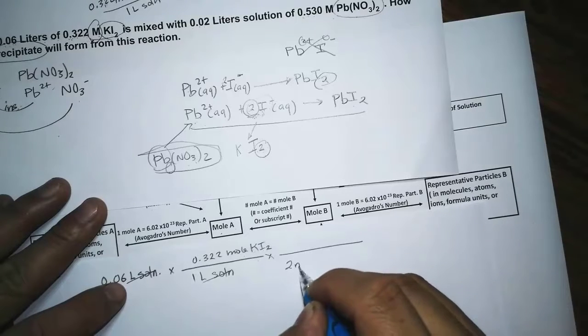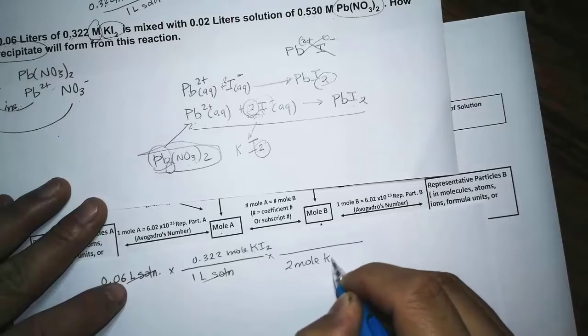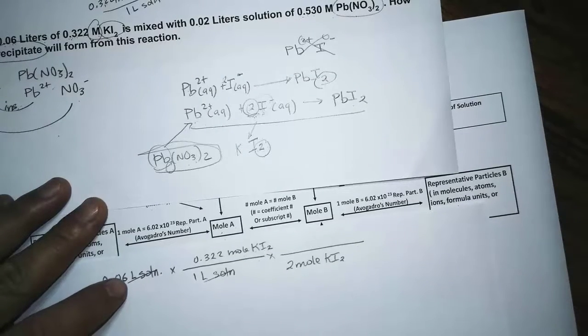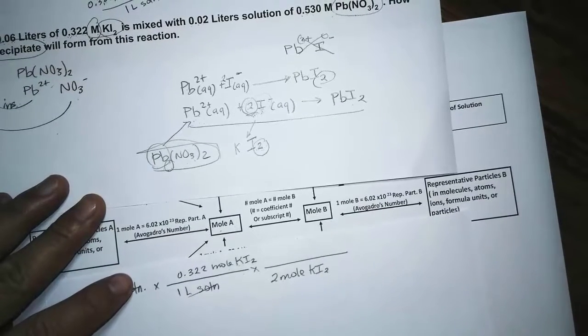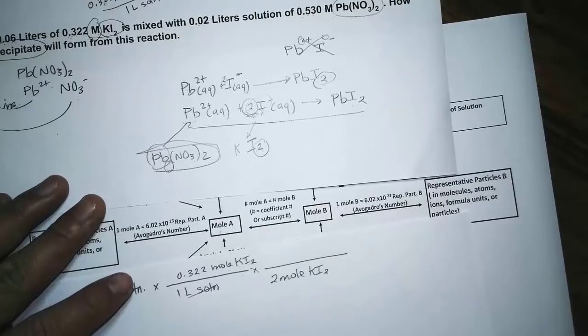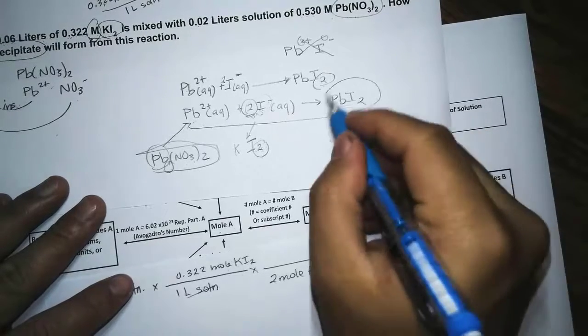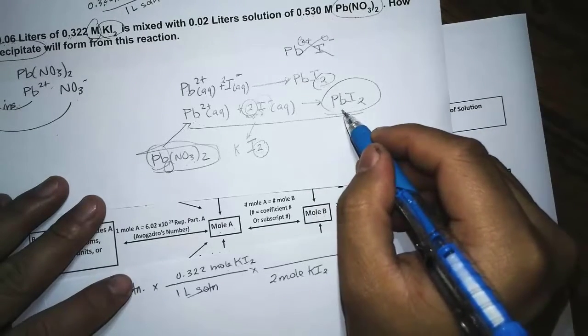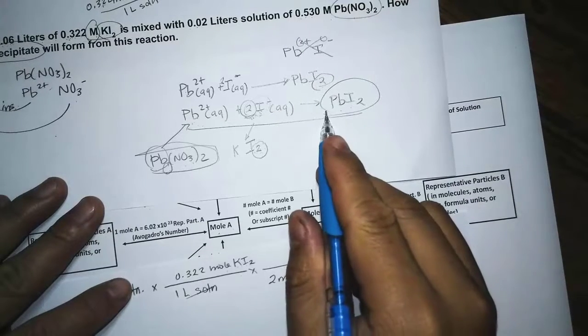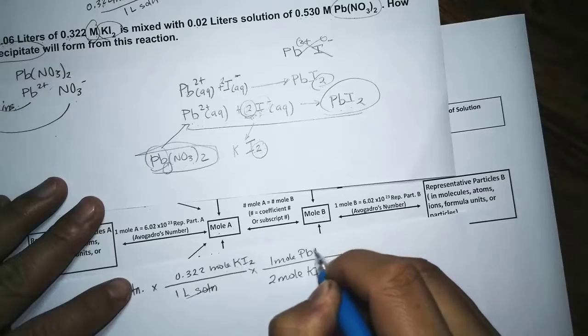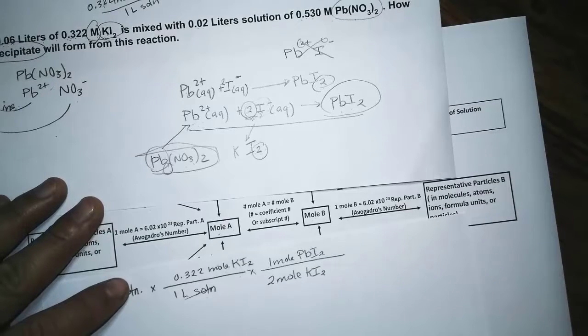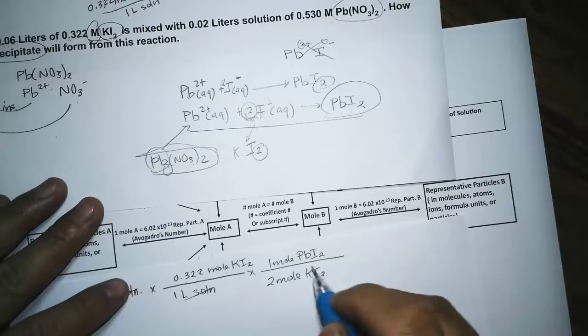In this case, we have 2 moles of potassium iodide, and this is relative to moles of B. What is B in this case? B is going to be the product that we look at right here, which is your precipitate. In this case, the coefficient of the precipitate is 1 mole. There you go. And now we have the moles of precipitate.